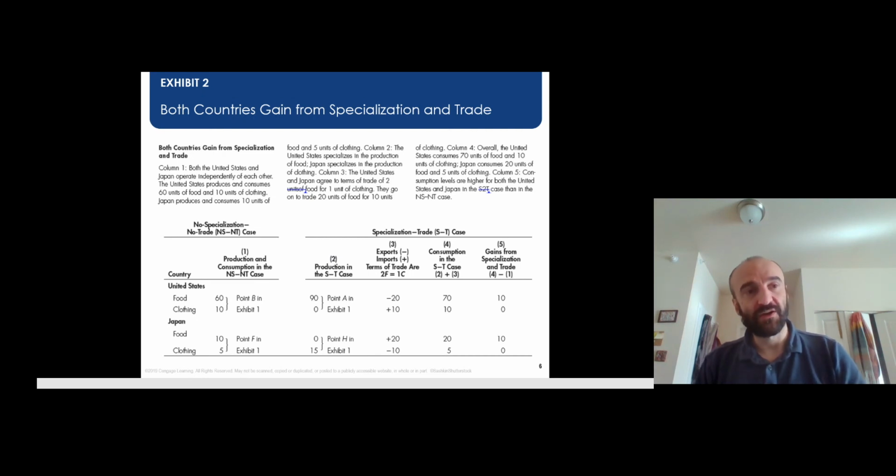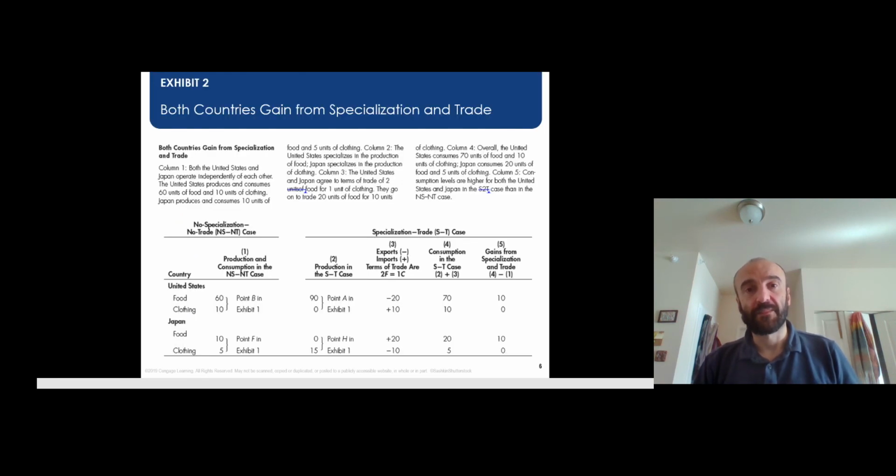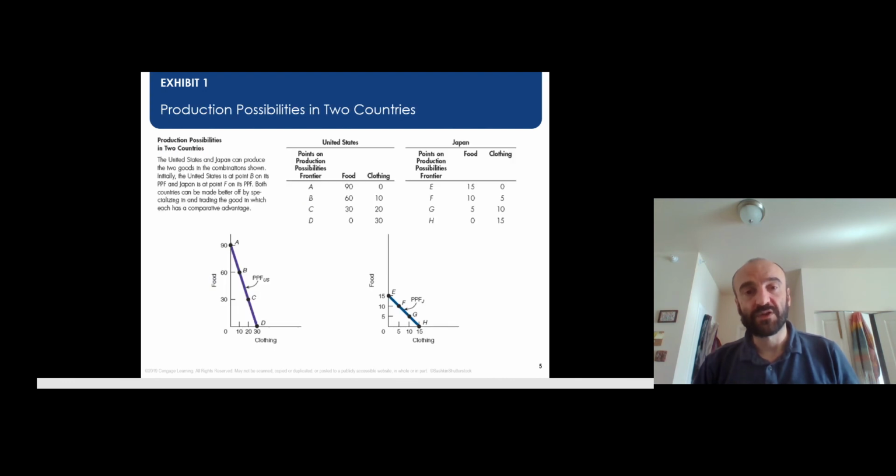By exchange, countries can afford a higher level of consumption of both goods than they themselves produce, both countries. So this is one of the key reasons that international trade allows countries to expand their consumption levels beyond their production possibilities frontier.